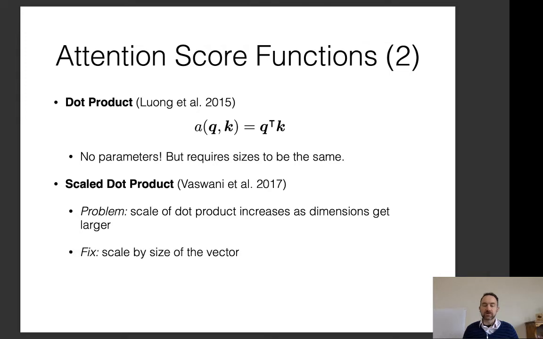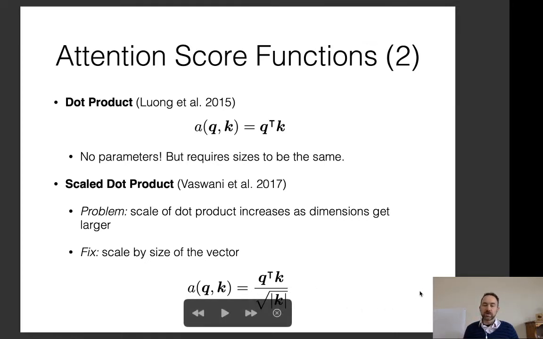The fix is to scale the dot product by the square root of the size of the vector. This effectively controls your variance and makes sure that no matter what size of vectors you're using, you get approximately equal peakiness at the beginning of training.